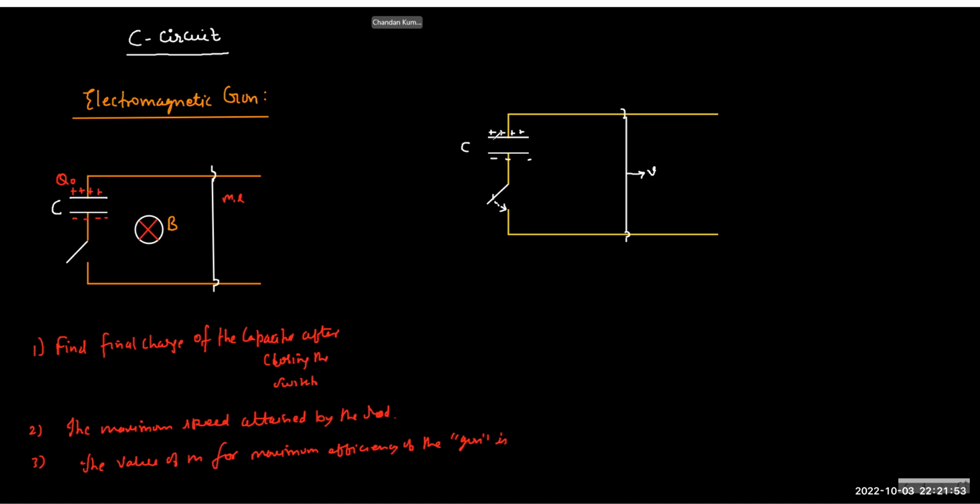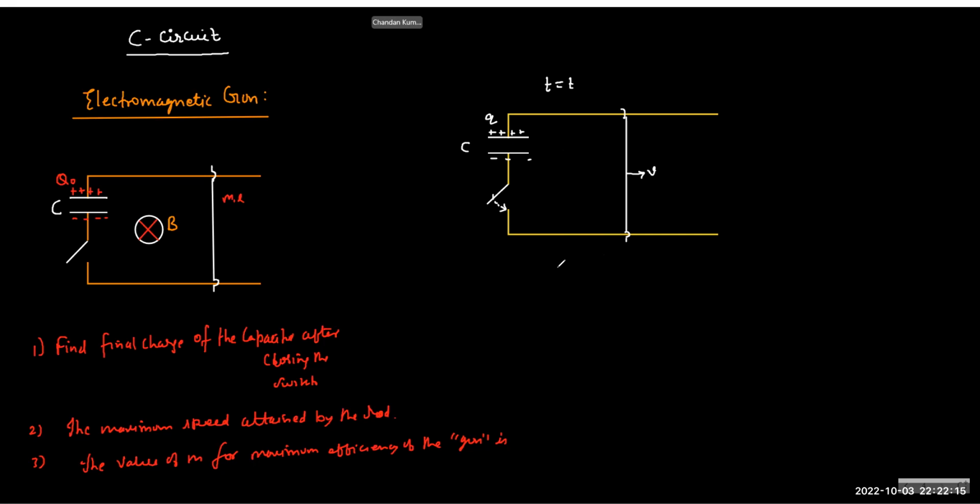And because some charge has flown already, the instantaneous charge we can call q. You begin with q naught, but now you have only q left, and I'm assuming q is less than q naught.